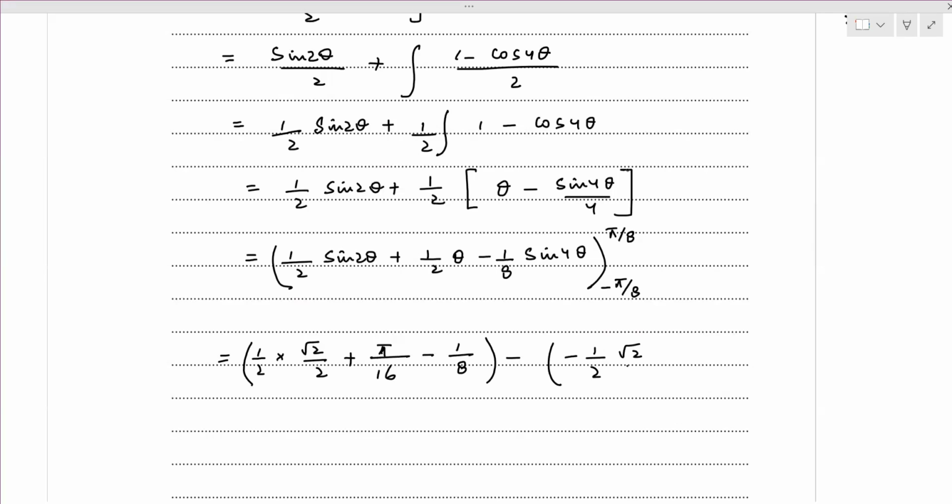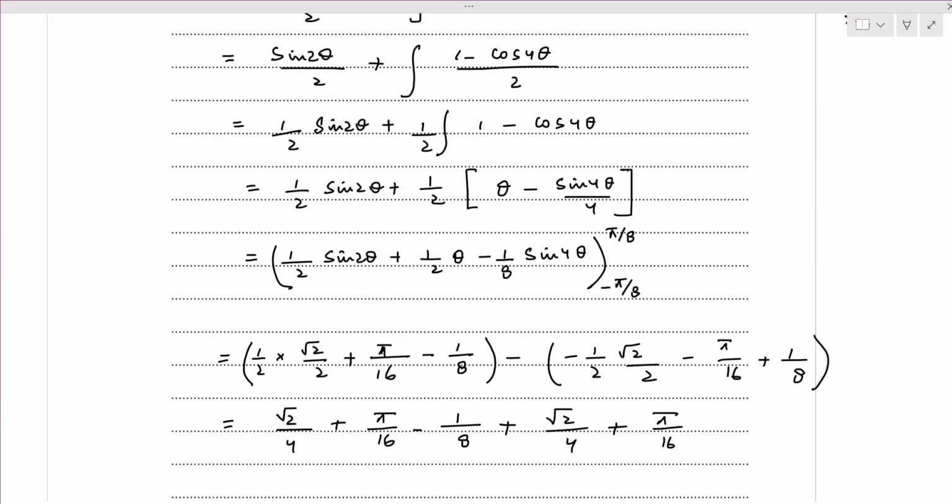Minus 1/2 root 2 over 2 minus pi/16 plus 1/8. आइए जनाब working करते हैं, इसके ऊपर arrange करते हैं. It will be root 2 over 2 plus pi/16 minus 1/8 plus root 2 over 4 plus pi/16 minus 1/8.